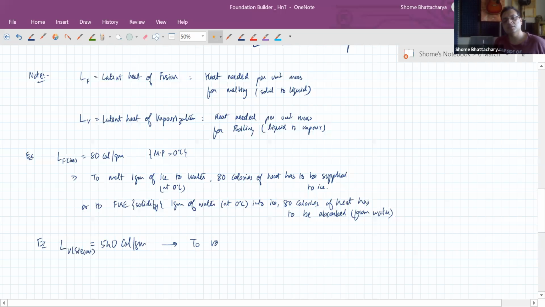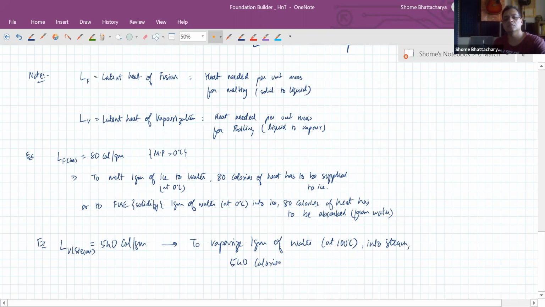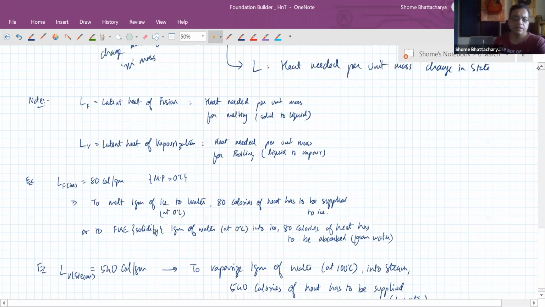So to vaporize 1 gram of water at 100 degrees C into steam, 540 calories of heat has to be supplied to the water. Okay. So this is a more specific meaning of latent heat.